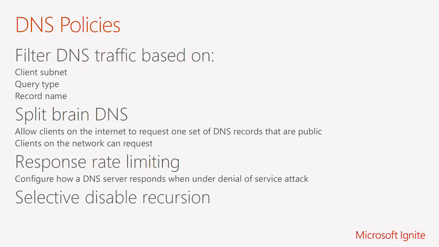The other one is selective disabling of recursion. Now, as you may be aware, if recursion is enabled on a DNS server, your client can request an address of that DNS server, and if the DNS server doesn't host that address in its cache or in its local zone files, it will go and resolve that query for you and return that information to your client.